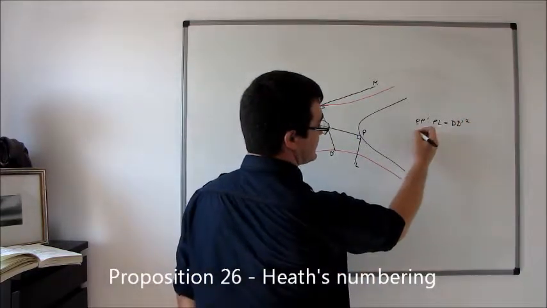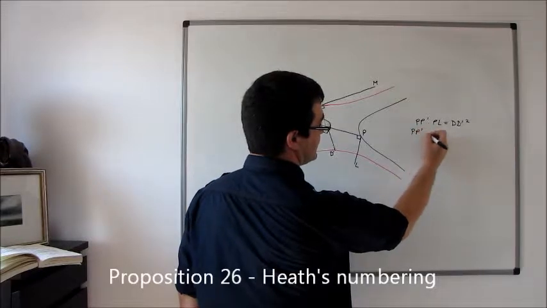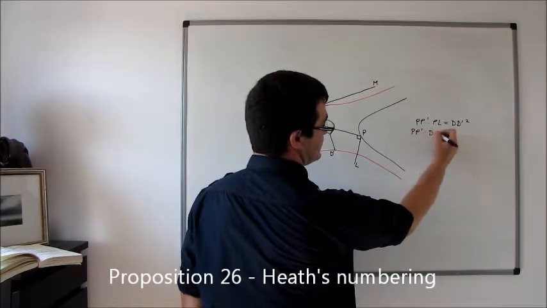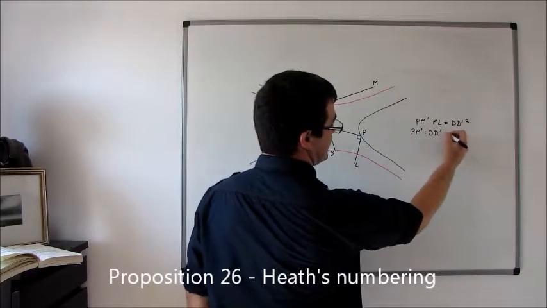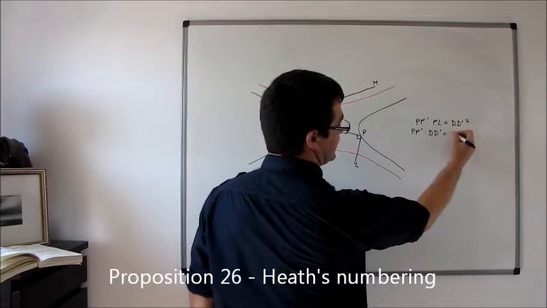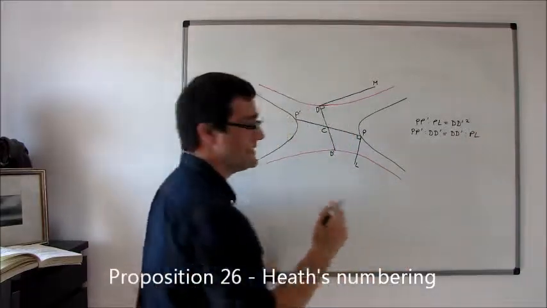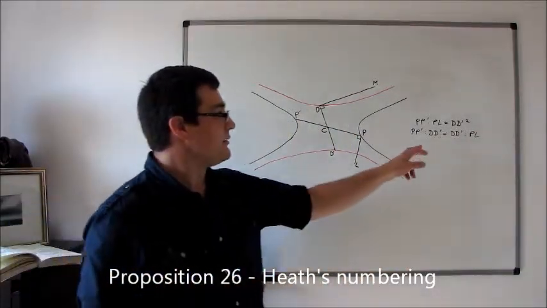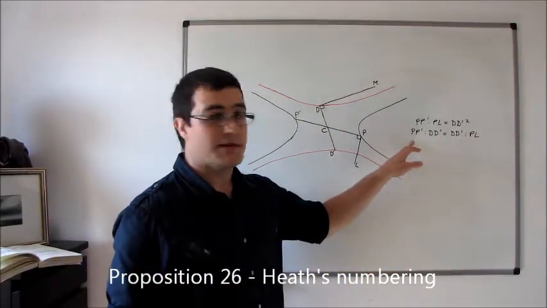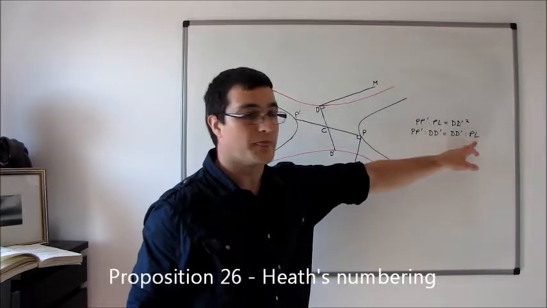Another way of writing this would be that PP' is to DD' as DD' is to PL. So in other words, DD' is a mean proportional between PP' and PL.